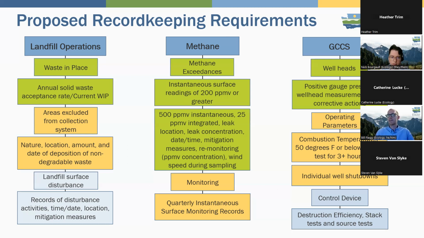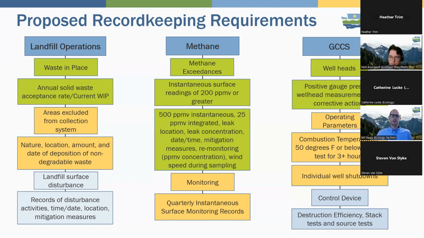We'll also be looking at records of surface disturbance. And when I say surface disturbance, I mean four different things that we've drafted so far. And this, of course, is subject to change as we're still drafting our rule language.